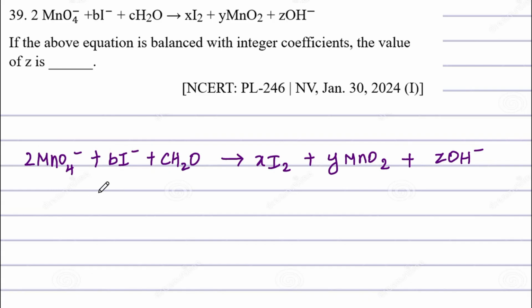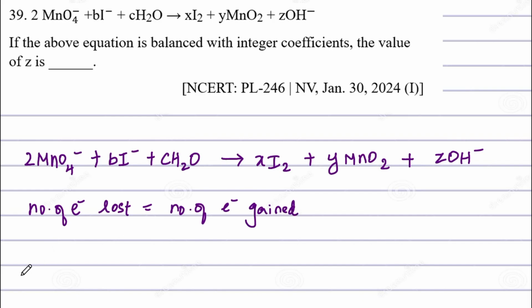First, we have to balance the oxidizing agent and the reducing agent. Then we can balance the number of hydrogen atoms and the oxygen atoms. So how to balance the oxidizing and reducing agents? We know that the number of electrons lost will be equal to the number of electrons gained.